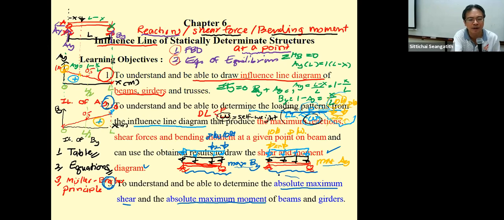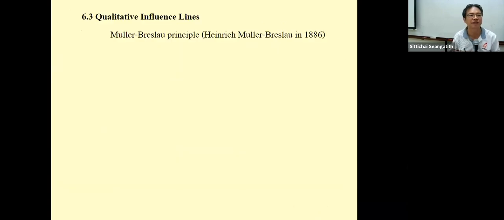That's absolute, the maximum of the maximum, for the beam and girder. This is really useful for the design of the beam or girder for a bridge or for a crane structure. Okay, that is the first one that I should mention about this.